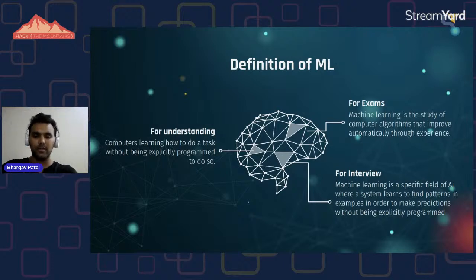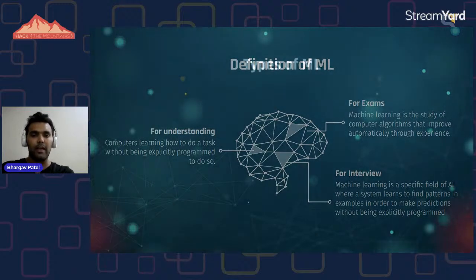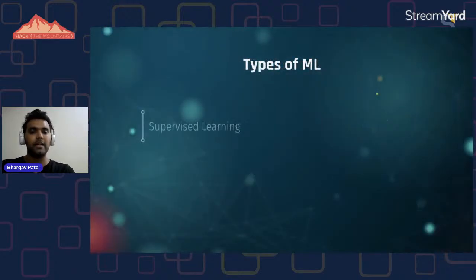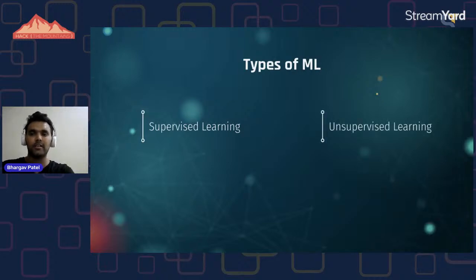Now, see, this was the definition of ML, and ML is a very broad category. In ML, there are multiple segments, and if you cover them into the major areas, one is supervised learning, in which you have labeled data. So, if you are lucky enough, you'll get a supervised learning problem because they are comparatively easy to solve. Then there is something called unsupervised learning, in which we don't have labels.